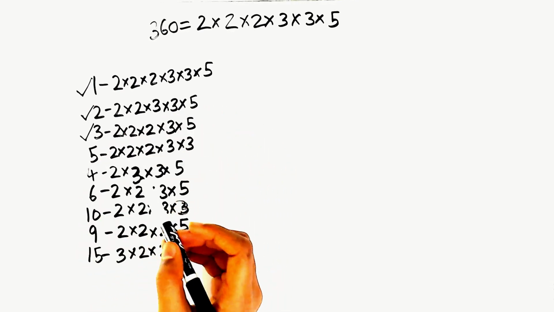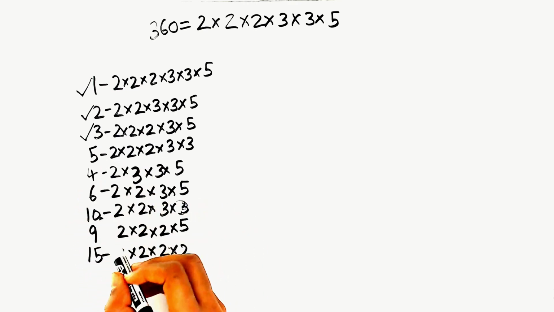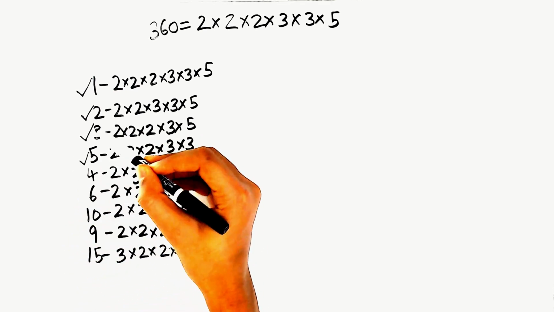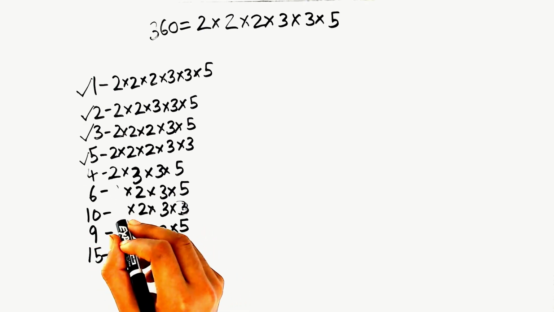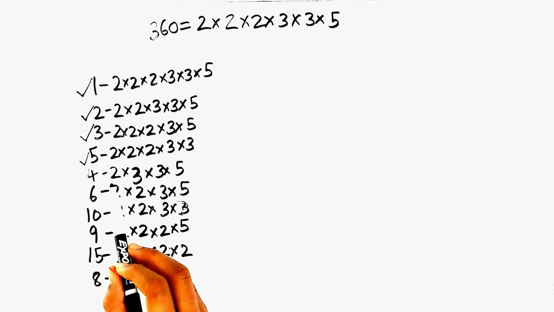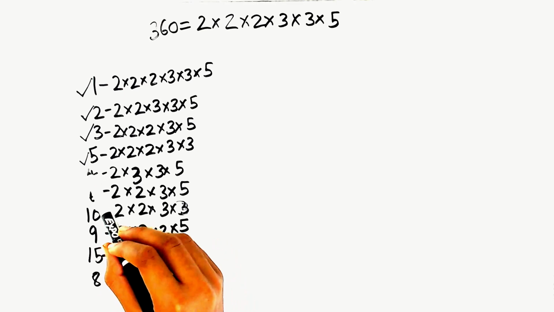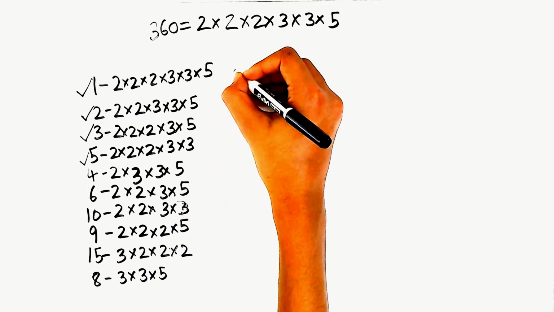Now let's take 5. So 5 times 2 is 10. We already have that. 5 times 3 is 15. We have that, so we're done with 5. Now 4 times 2 is 8, so it would be 3 times 3 times 5. Now 4 times 3 is just 12.